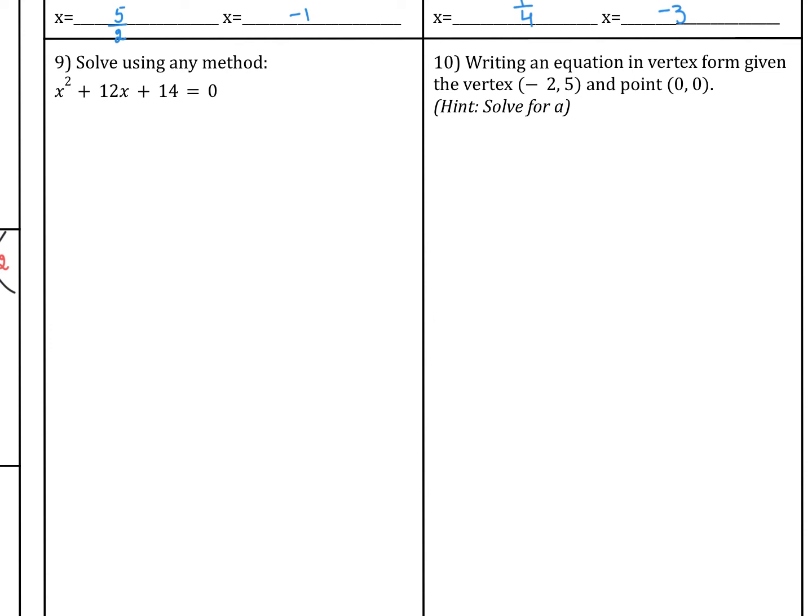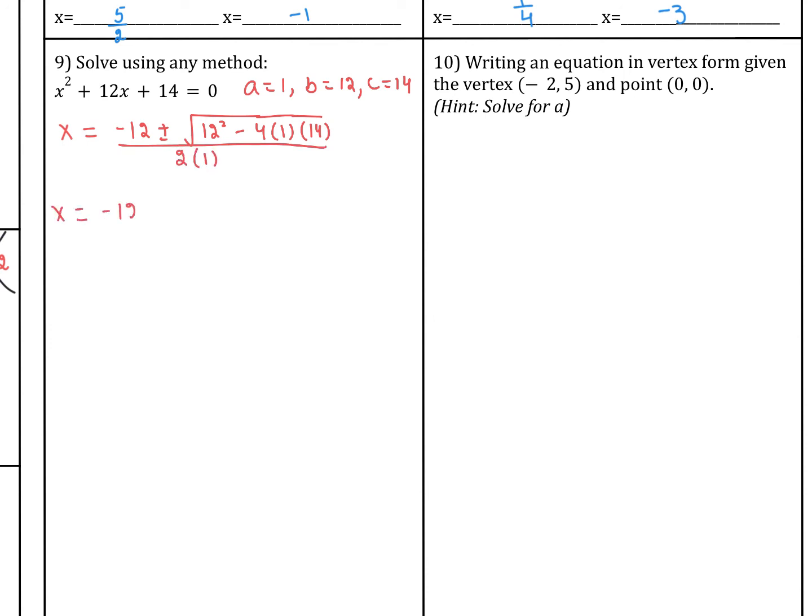So I'm going to use here the quadratic formula, and that's going to be negative b plus or minus the square root of b squared minus 4ac, divided by 2 times a.